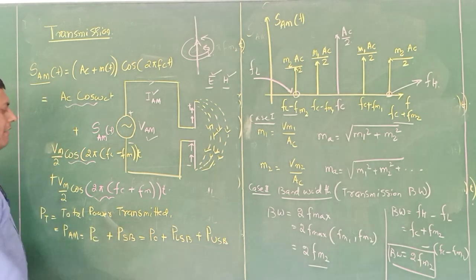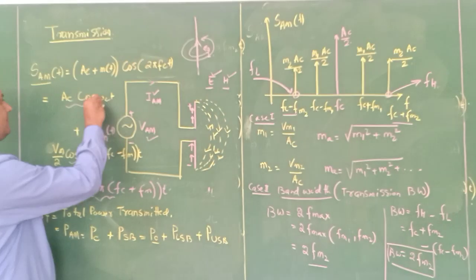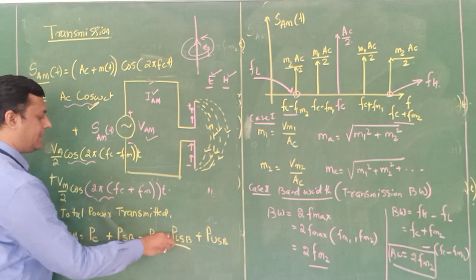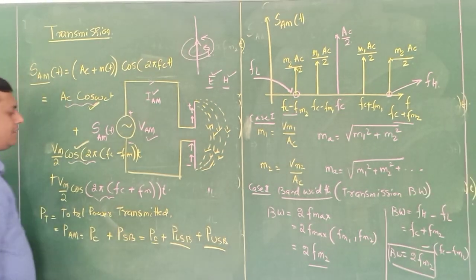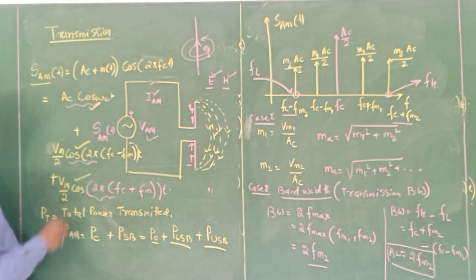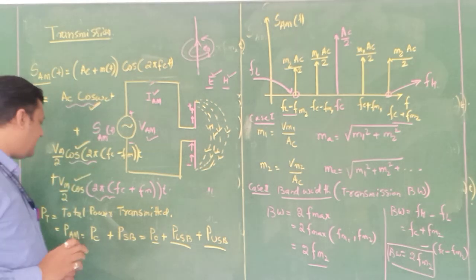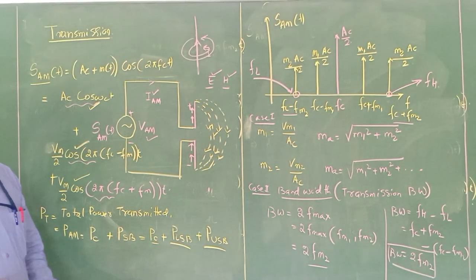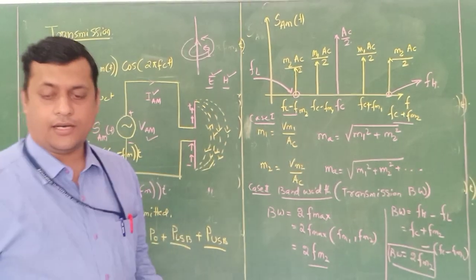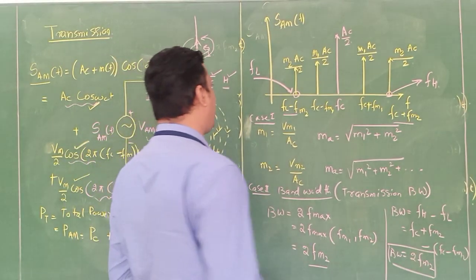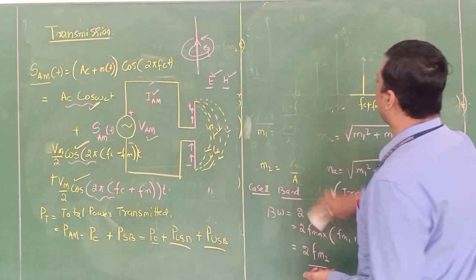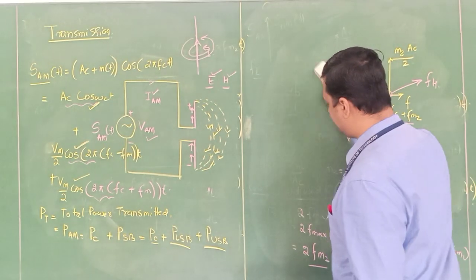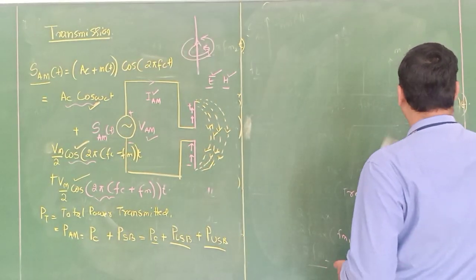That means power available in the carrier, power available in the lower sideband, and power available in the upper sideband, because here we are using only a single tone signal. Okay. So with the help of this relation, we can form a relationship between transmitted power, carrier power and modulation index. One by one we will discuss. No need to worry about it.